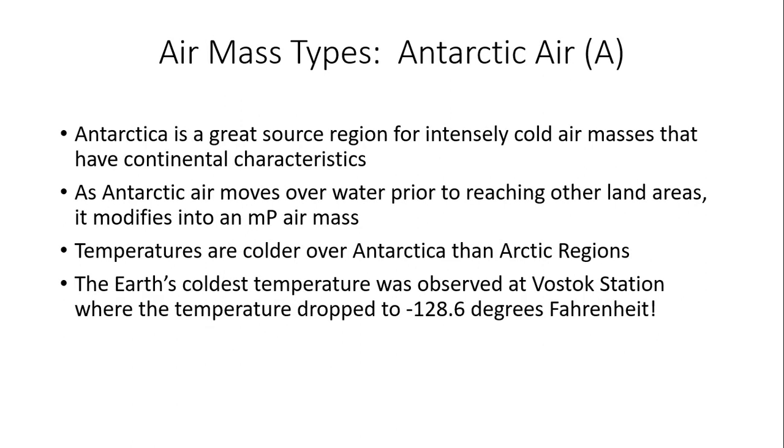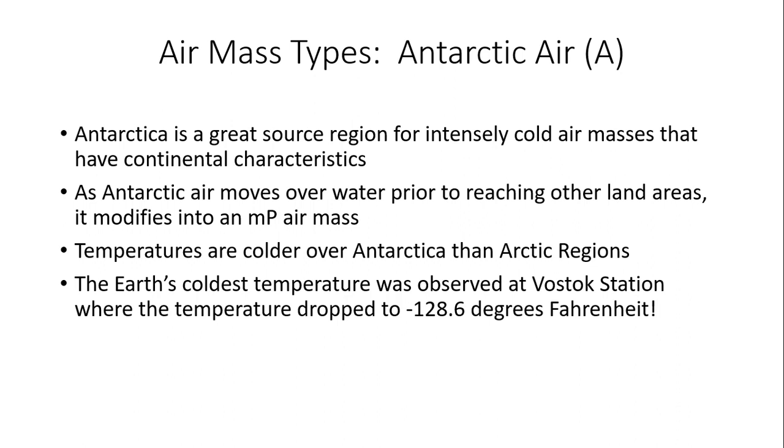Antarctic air, also represented by the letter A. Just keep in mind that Antarctica is a great source region for intensely cold air masses that have continental characteristics. Why? Because over the ice caps, general snowpack, it's very cold in the low levels of the atmosphere, and it tends to have the continental characteristics over these areas.